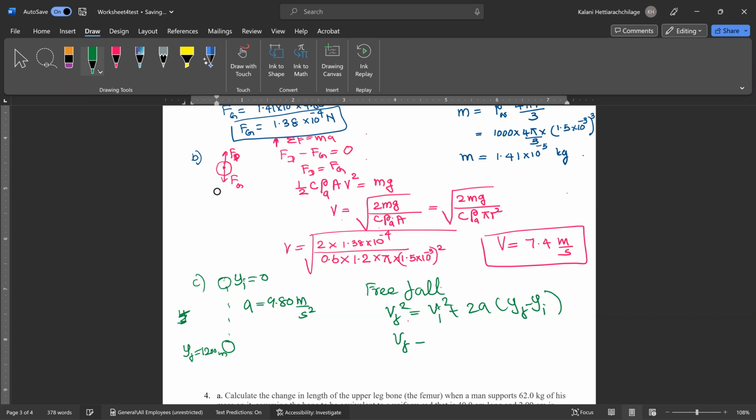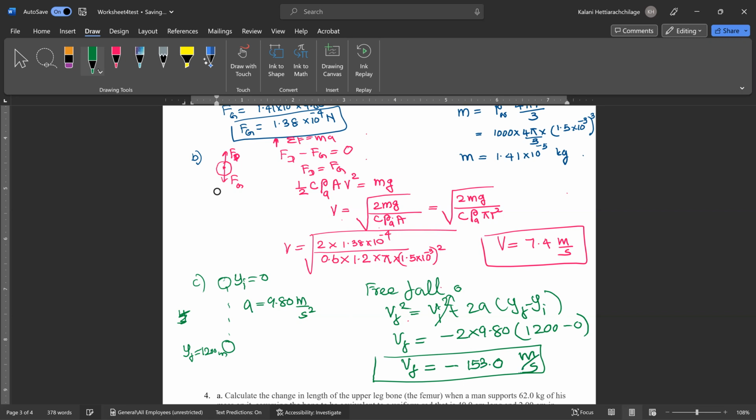Then V final will be, this is going to be 0, and this is going to be negative twice times 9.80 times y final, which is 1200 minus 0, then the velocity will be equal to negative 153 meters per second, around.